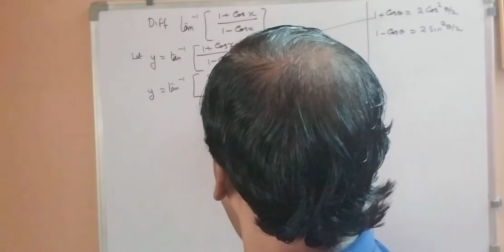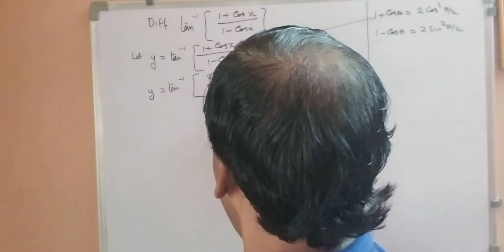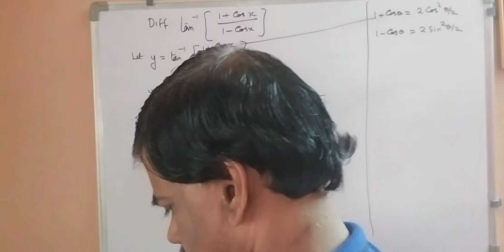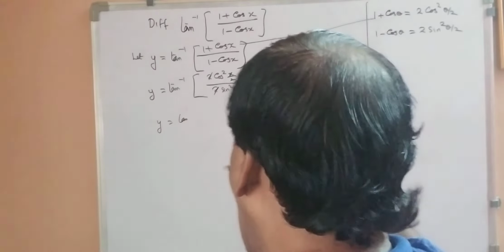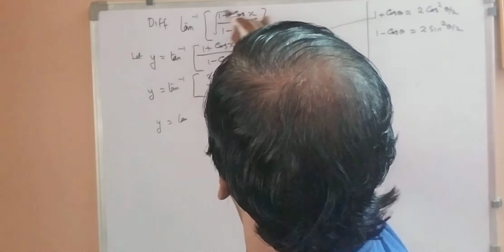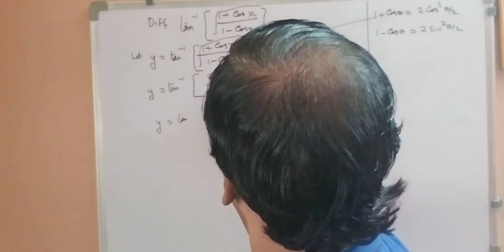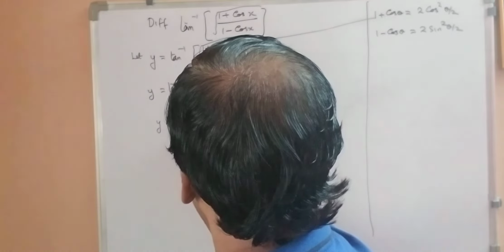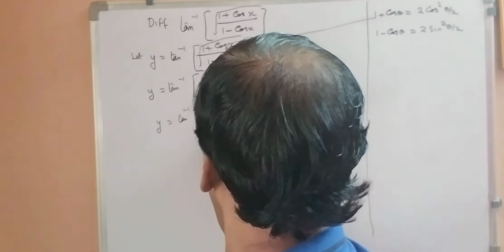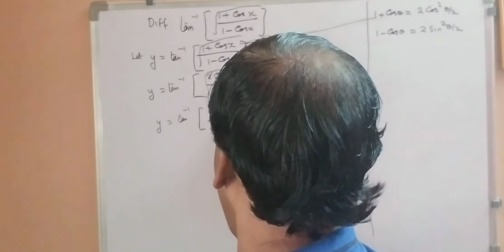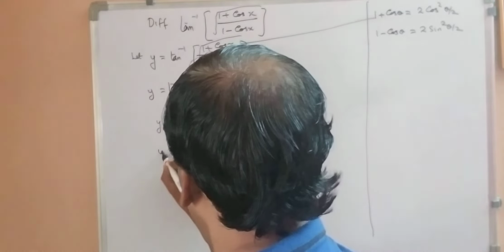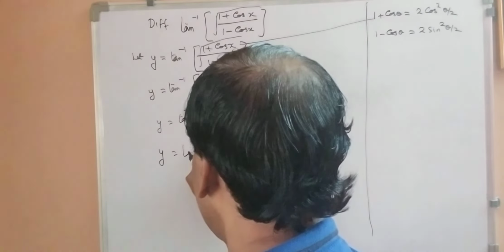So 2 gets cancelled. So cos square upon sin square. Sorry, the square root is there. So tan inverse of cos x by 2 upon sin x by 2, because the square root is there. So what is cos upon sin?